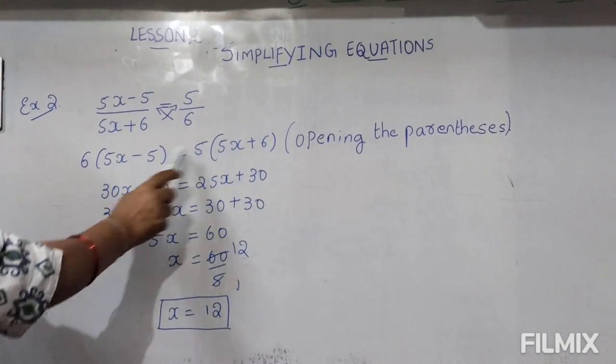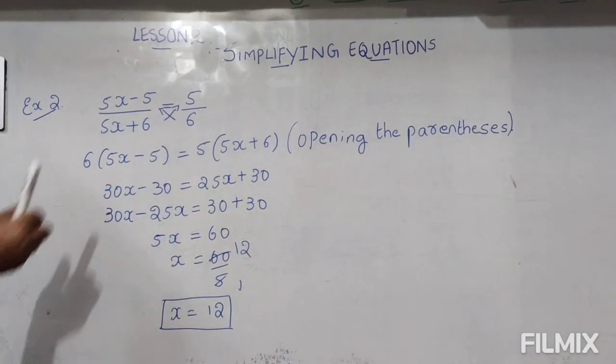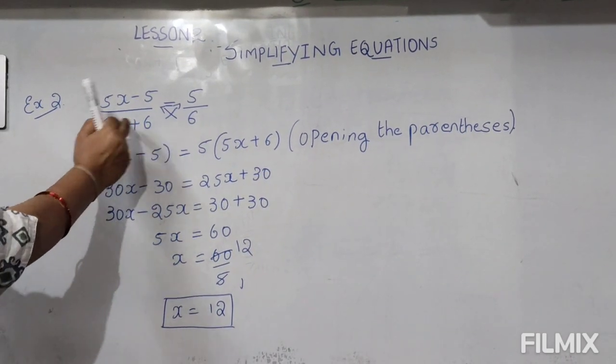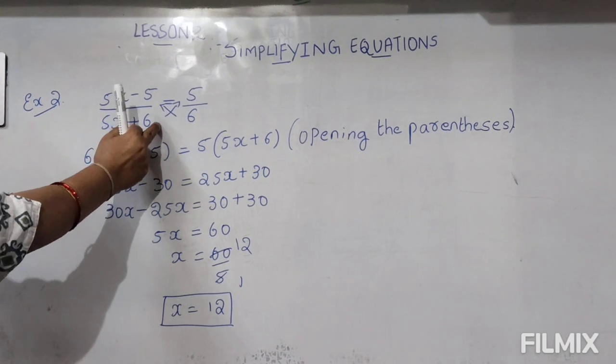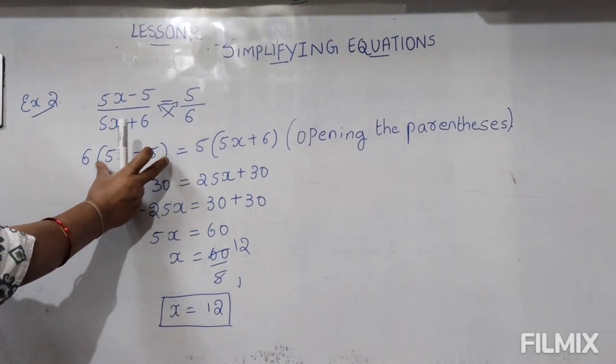It should be written like this in the brackets, because here two terms, 5x and 6, are there, so it should be written in the brackets.